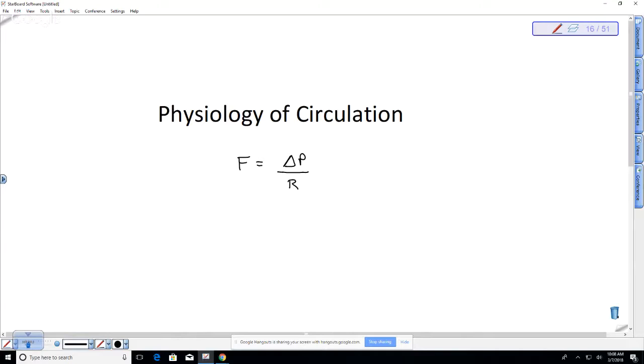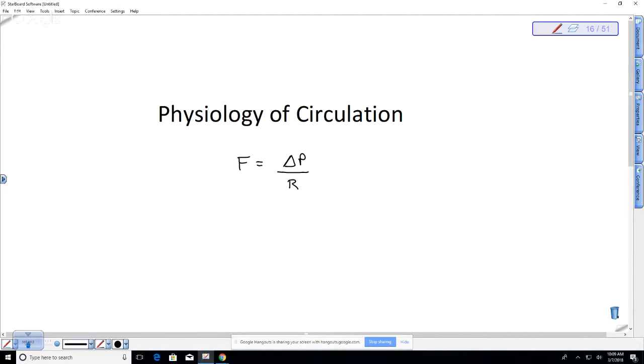Resistance to flow. And generally that has to do with the friction in the blood as it moves through the blood vessels. So what are some things that would increase resistance and therefore decrease flow?